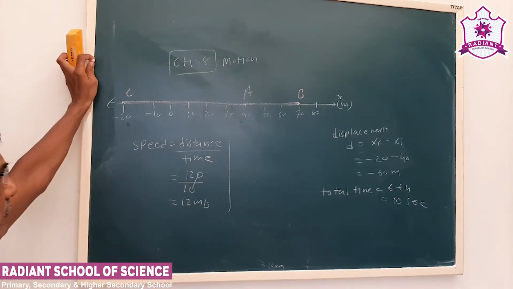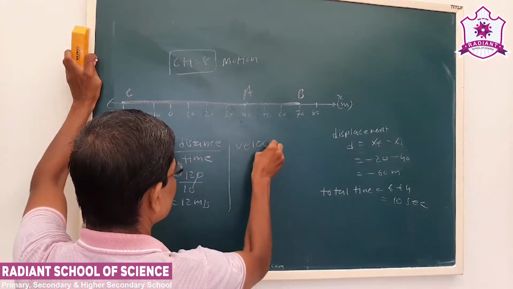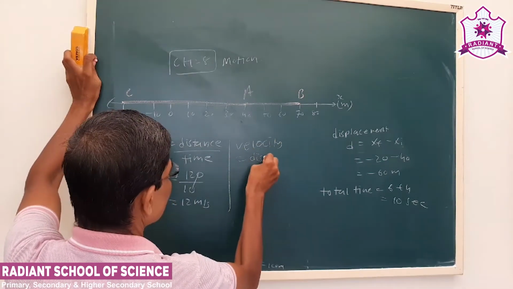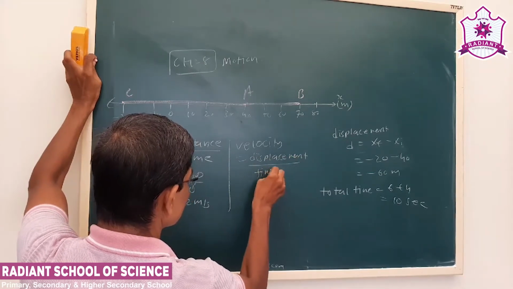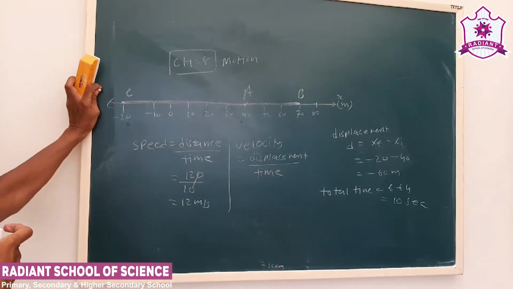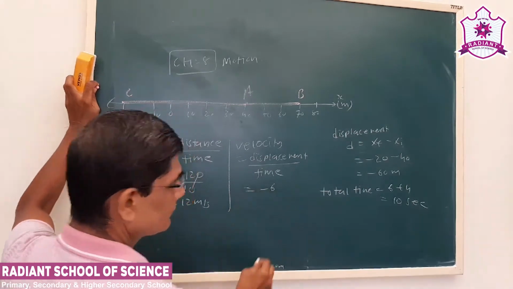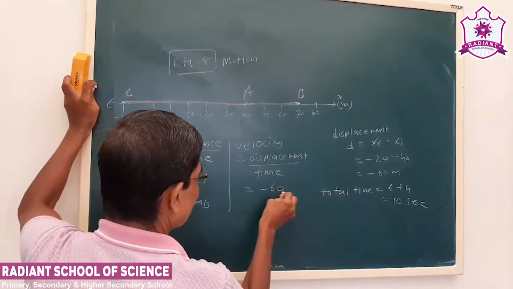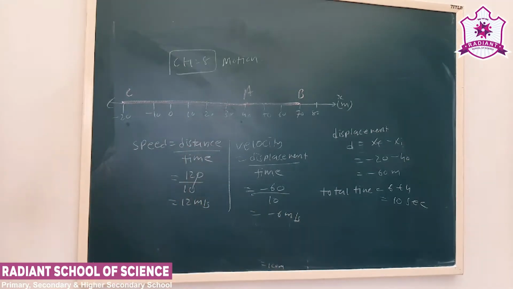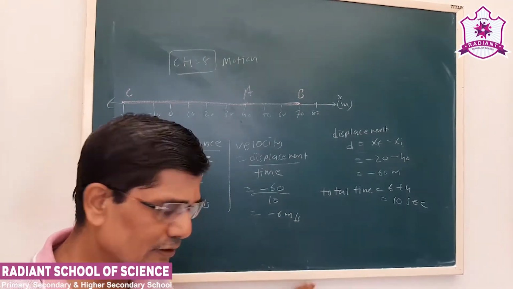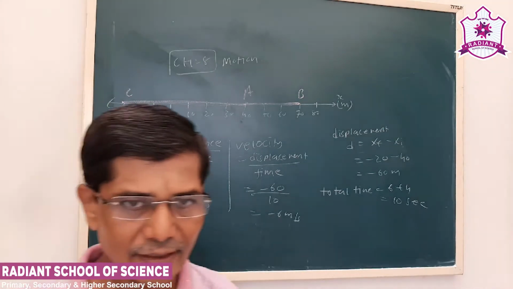Now velocity is displacement upon time. Displacement is minus 60, time is 10 seconds. The velocity we obtain is a negative value.